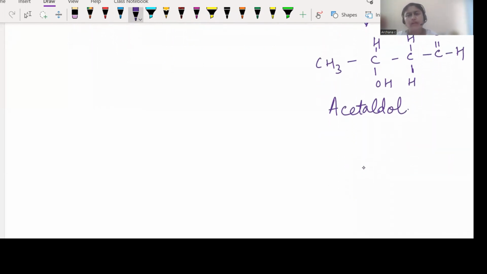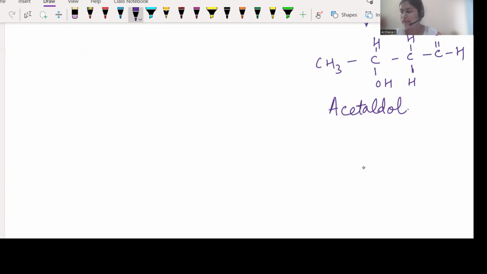So you can have innumerable examples for aldol condensation. Instead of one single aldehyde, we can also have a mixture of aldehydes. Then in that case, the reaction is known as cross aldol condensation.